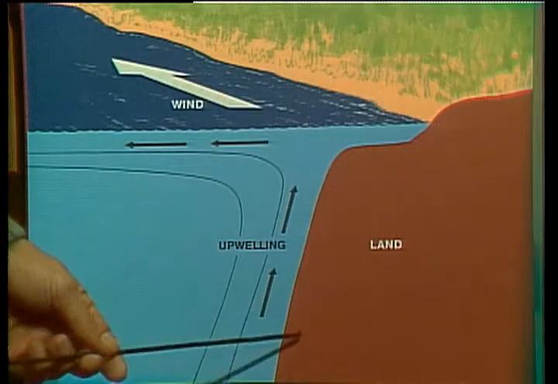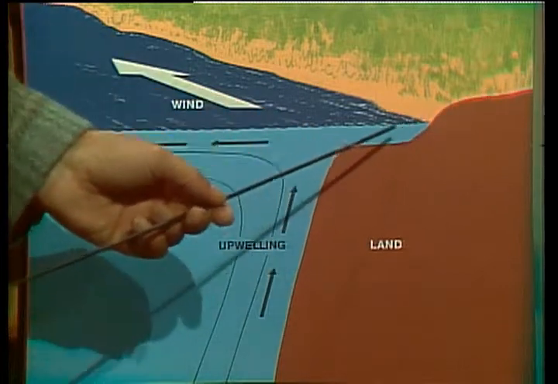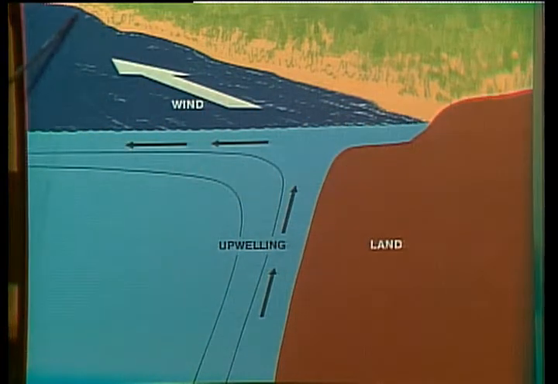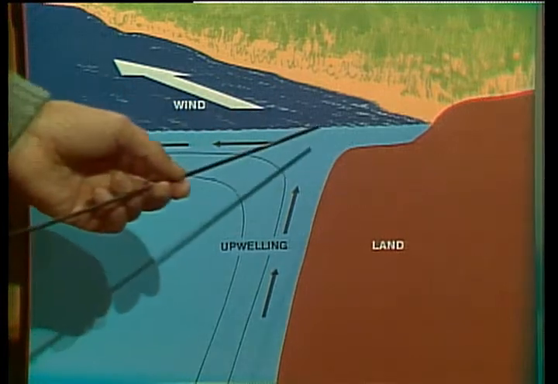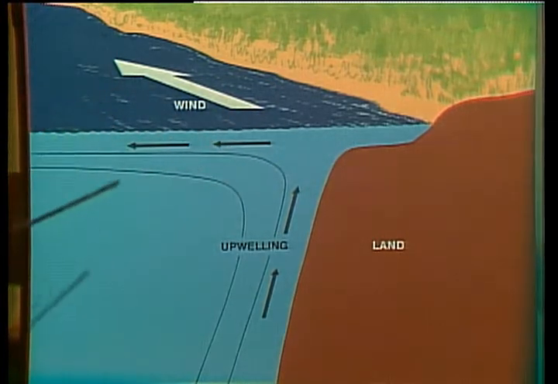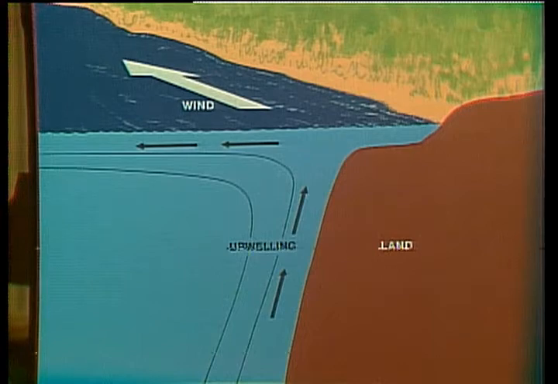In this diagram, what I've indicated is the land, and this is an artist's diagram of the beach, and a wind which is blowing away from you in this direction. Now, if this was in the southern hemisphere, there would be a mass transport of the surface waters to the left due to the Coriolis force.